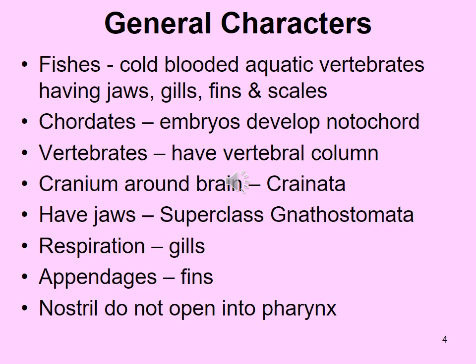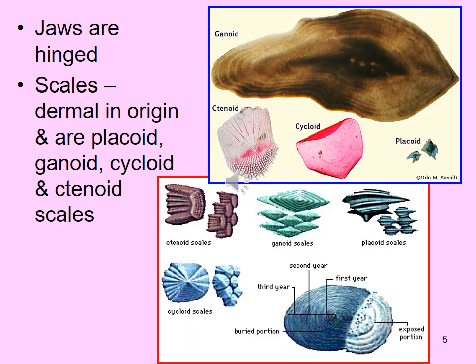In fishes, the process of respiration is carried out by the gills and they move about with the help of the appendages called fins. Here, the nostrils do not open into the pharynx. The fishes have jaws which are hinged.